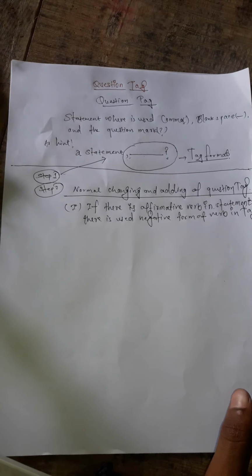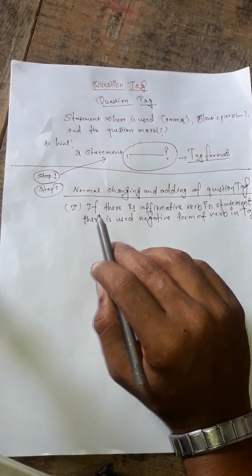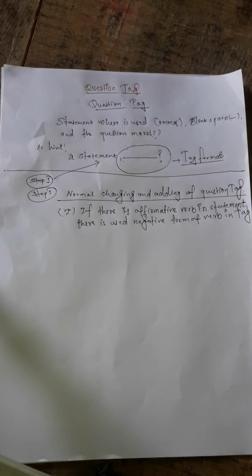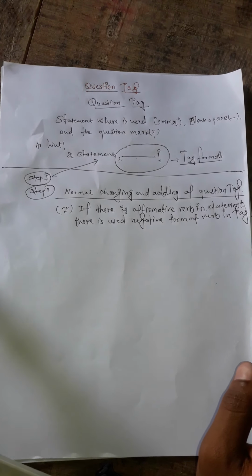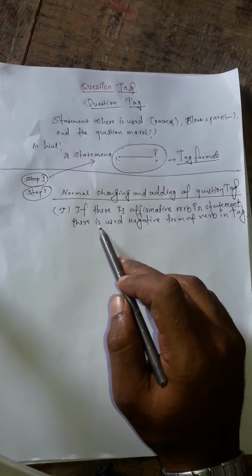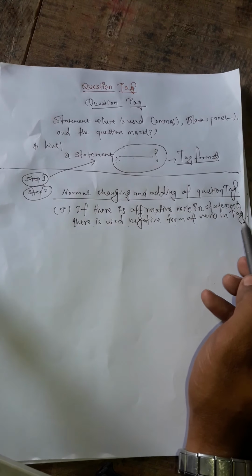Now you are looking here. If there is the affirmative verb in a statement, there is used a negative form of verb in the tag. Once again, I repeat.